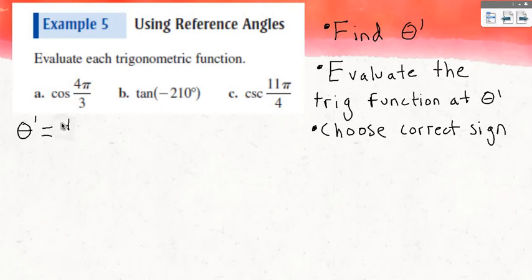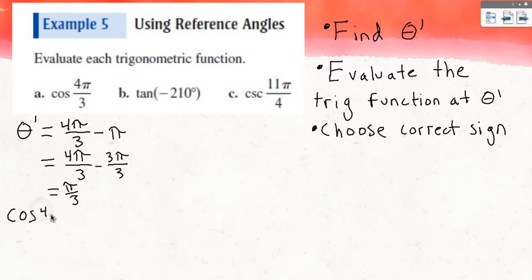So in order to find our reference angle, we would need to take 4 pi over 3 and subtract off that half of our semicircle, which is pi. Again, we have pi, so we need to convert that to a like denominator, and we get pi over 3, which we should have expected because since I have a denominator of 3, my reference angle should be pi over 3.